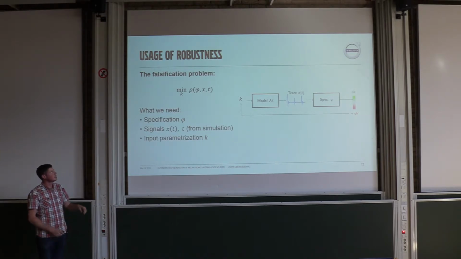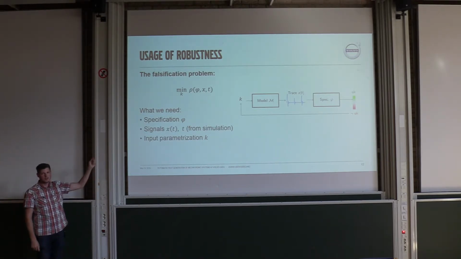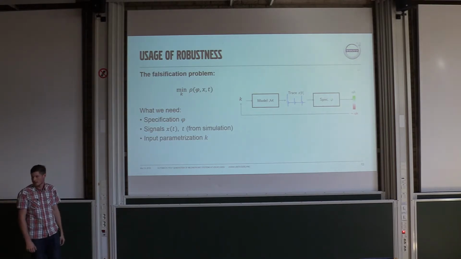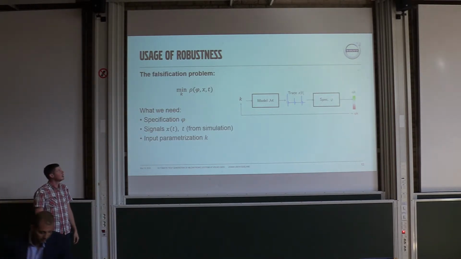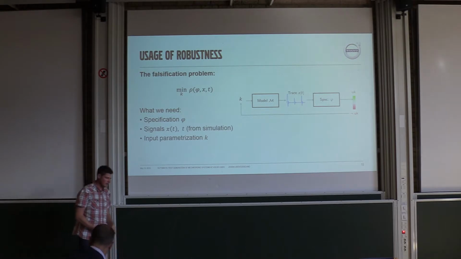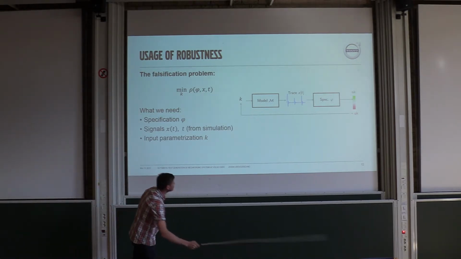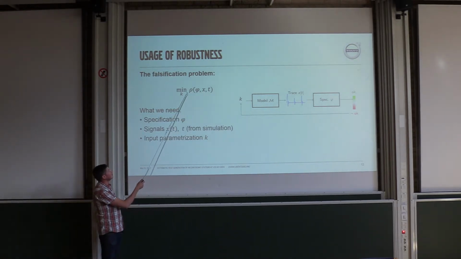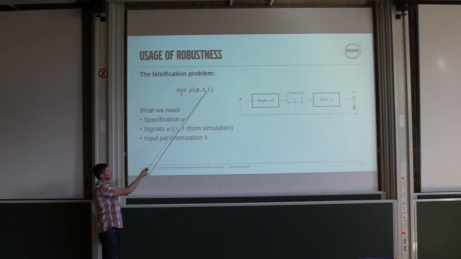If we now reformulate this testing problem, or what's called the falsification problem, the research area is called falsification, then basically what we want to do is minimize this rho, which is the robustness value. And rho is a function of the specification, and of all the signals in the system, we'll call them x, and of course the simulation time.